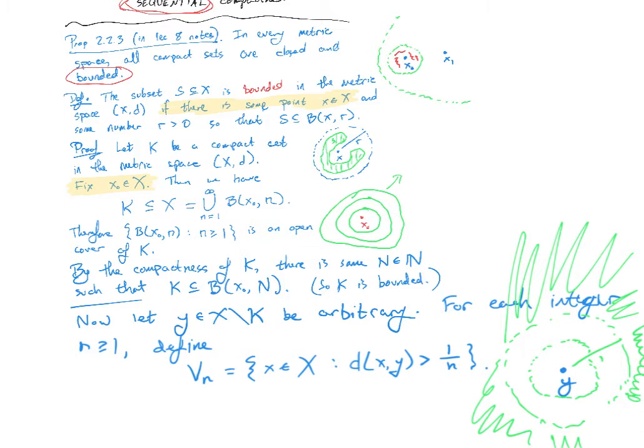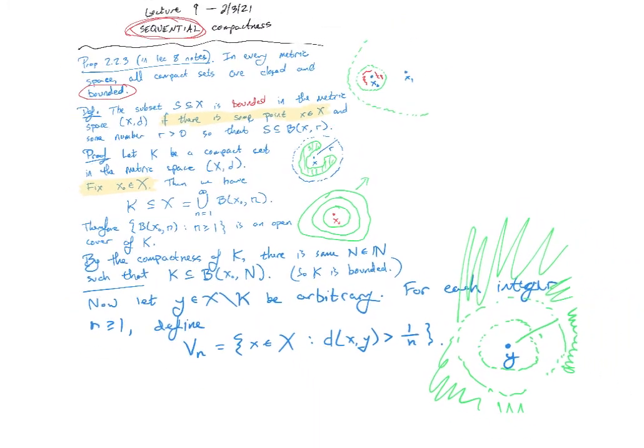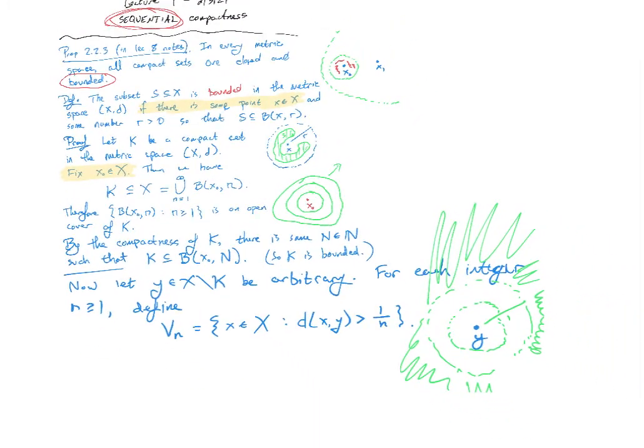Okay. What do we get when we take the union of all of the V sub n? Is that the whole space X? It's not the whole space. Punctured space, yeah. So when we union those guys up, the only point we're not going to get is y.